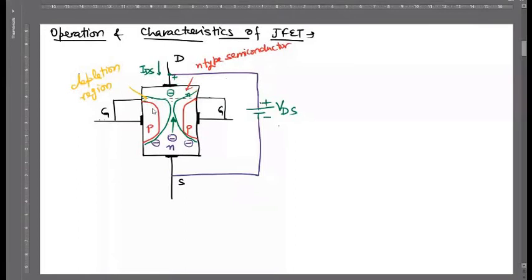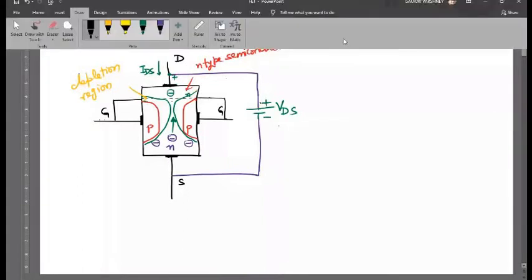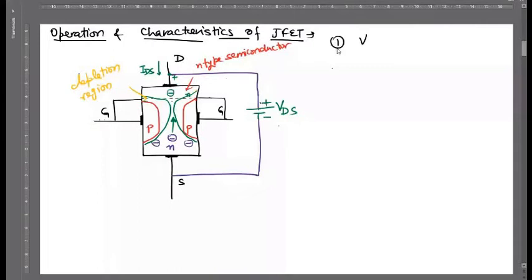Simultaneously, one more thing. At the very first point, I'm taking the situation VGS equals 0. I can also apply one voltage here between these two terminals. Suppose I'm applying some voltage. Forget the polarity right now. I'm just applying a voltage, and I'm calling this VGS. Initially this is 0 volt.